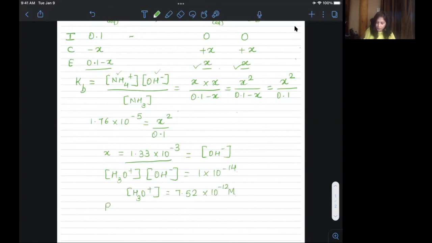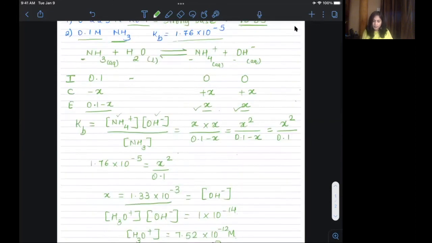And then when you calculate pH, which is negative log of this value, your pH value comes to 11.124.